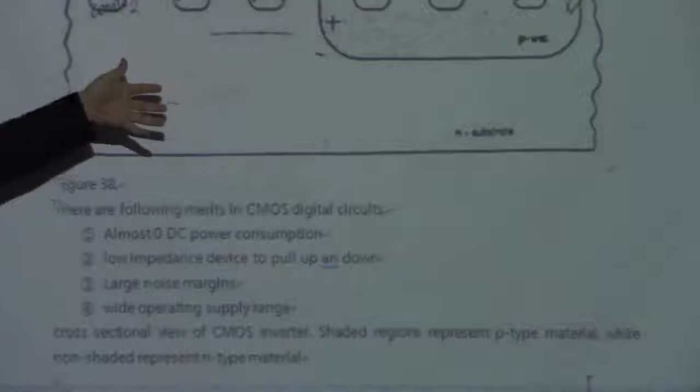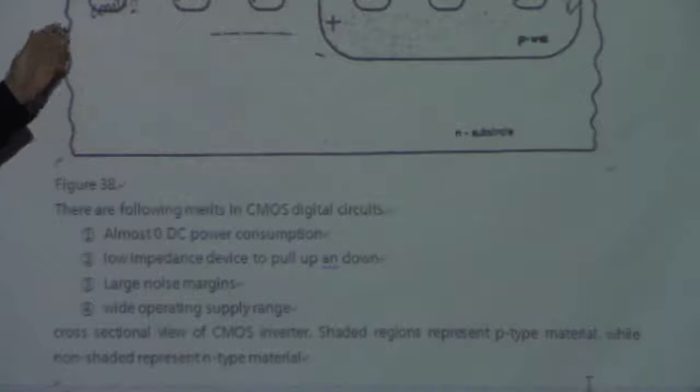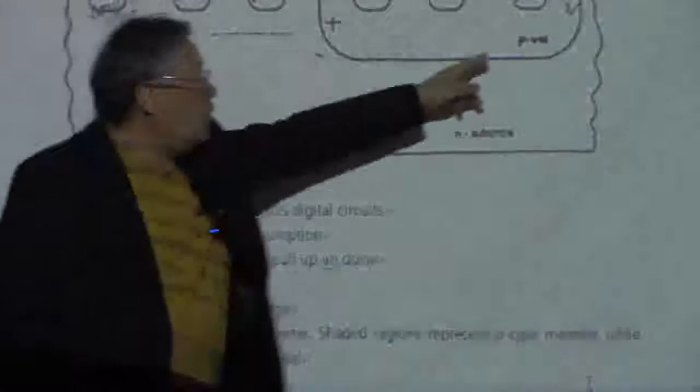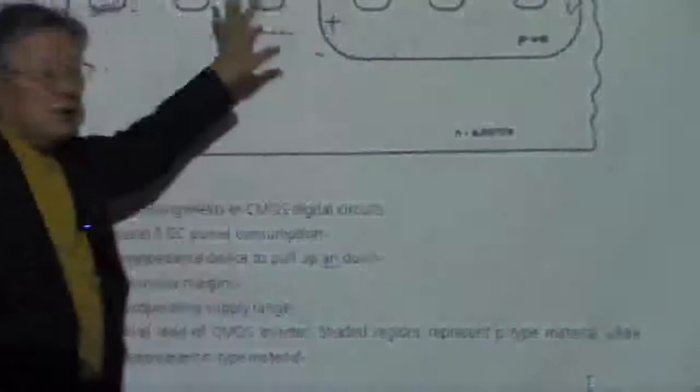CMOS structure, right? And if you take the other way around, like you have a P substrate, then you're going to have an N well. In this case, most of the device is going to consist of the NMOS, and then occasionally you're going to have a PMOS locally, right?